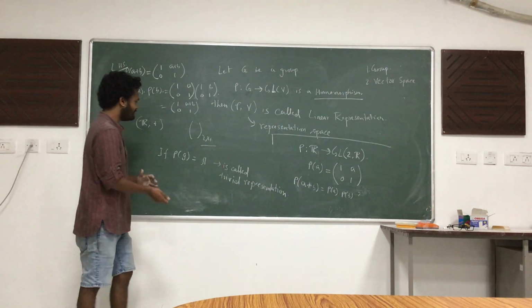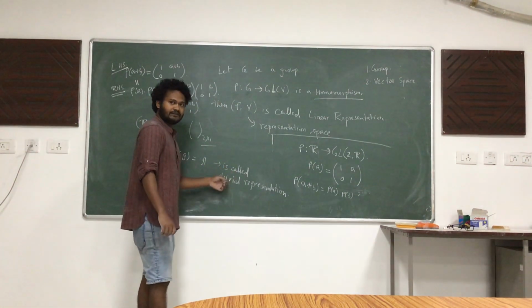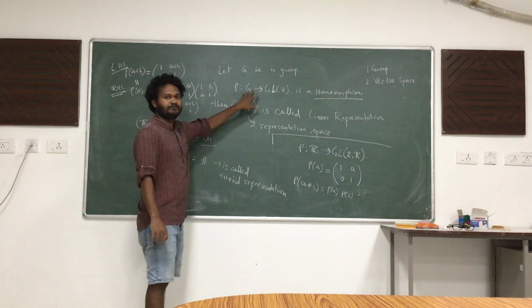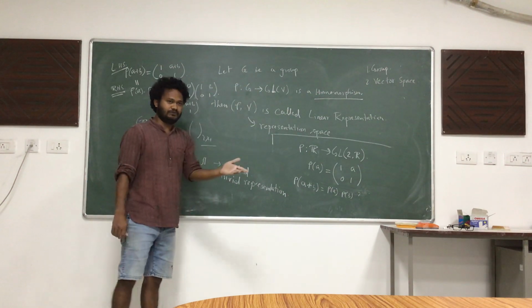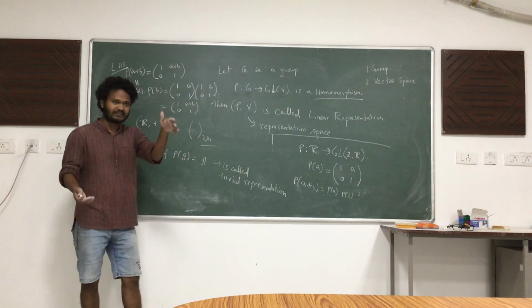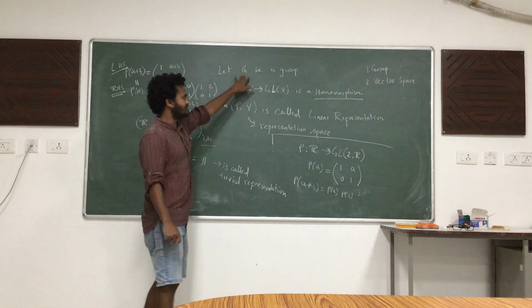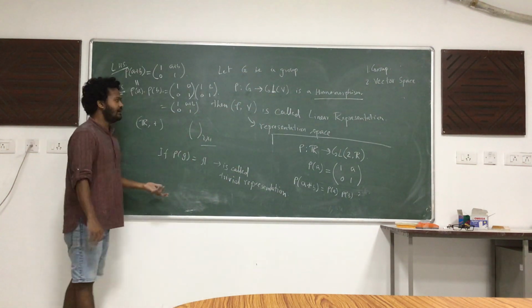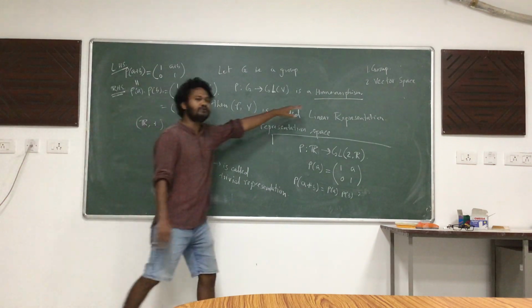So a trivial representation is when we send all the elements from the group to the identity. This we can always do: take any vector space, and send all the elements of G to the identity element of GLP. And we saw that this will be a homomorphism.